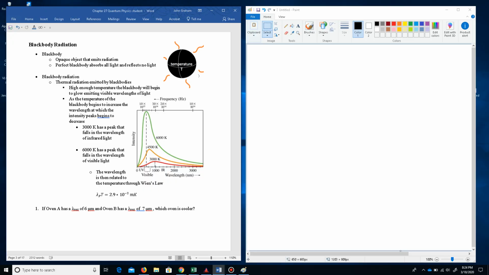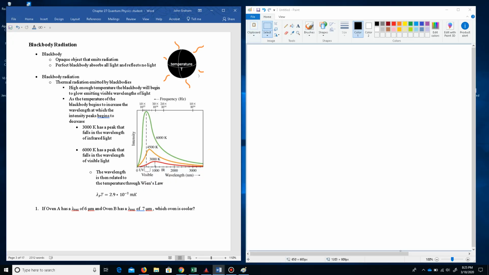So, for example, if this red light here that it will eventually emit when it starts to glow is 3000 kelvins, and if it goes up to 6,000 kelvins, it now emits a lower wavelength, and there'll be more of a green. If it's right in between, at 4500 kelvins, it's going to emit an orange wavelength.